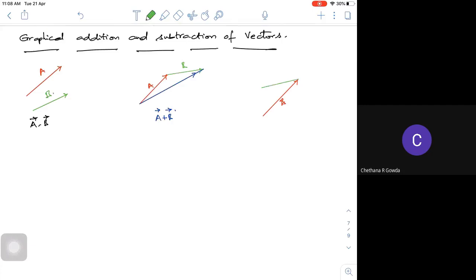So this is opposite direction, and then the joining vector will be like this. So this is called vector A minus vector B.